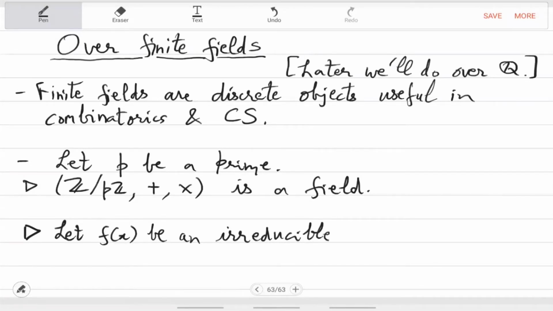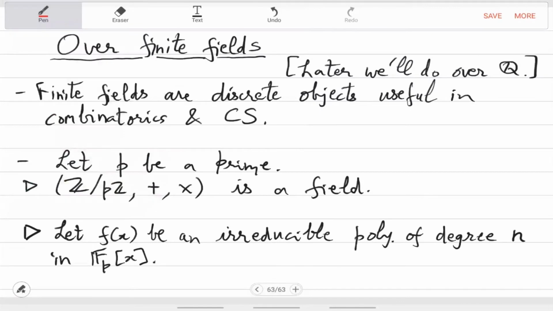Let f be an irreducible polynomial of degree, let's say n, with F_p coefficients. So it's in the polynomial ring F_p[x]. This will be key, to pick an irreducible polynomial. Then when you do arithmetic mod this polynomial, it will be a field, and it will be a bigger field.